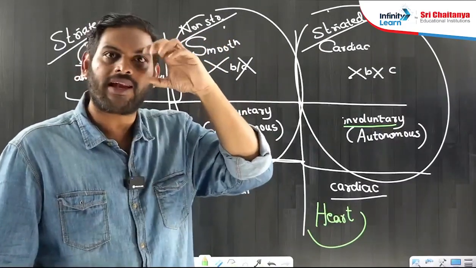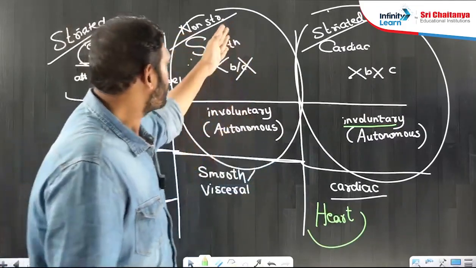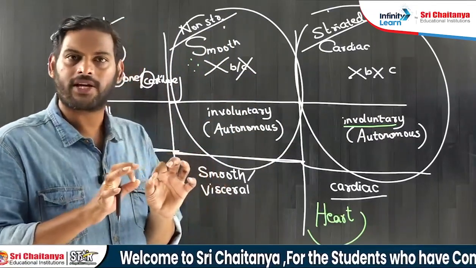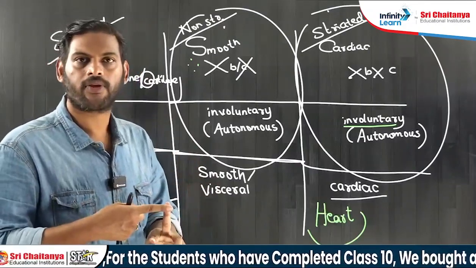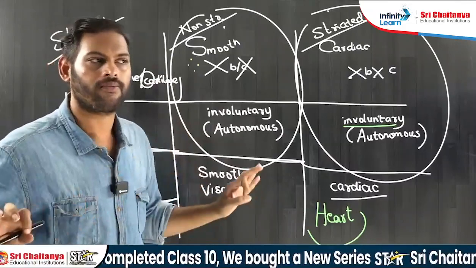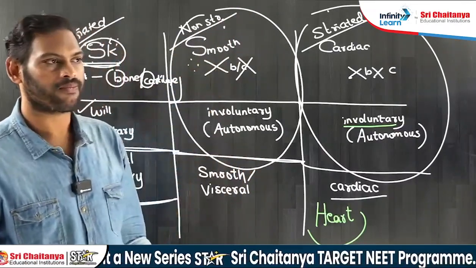So pupillary dilation and pupillary constriction are also done by smooth muscles. Guys, the entire alimentary canal, blood arteries and veins, pupillary dilation and constriction, all are done by smooth muscles.